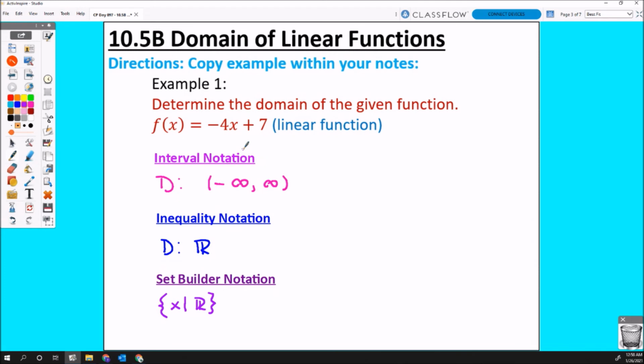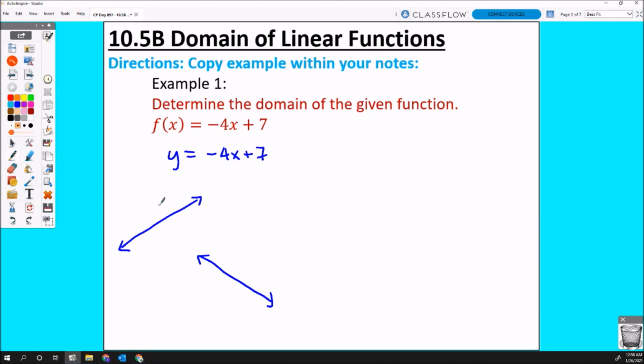Now in the next example that I will go over, there will be a specific limitation on domain, and you will see the correlation between interval notation, inequality notation, and set builder notation. But as I stated before, when you have a linear function, in these typical graphs, they have arrows at the end. That means that they're continuous. So they're going to go on forever to the left side and forever to the right side.